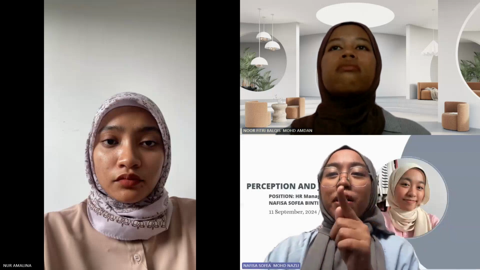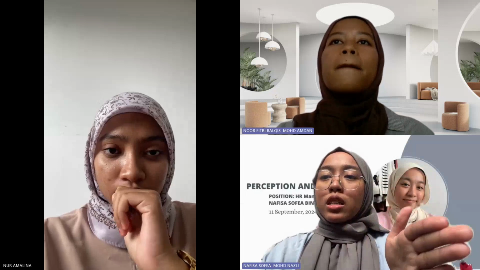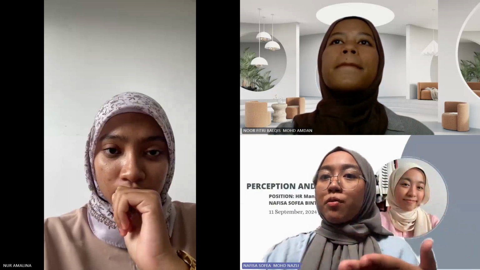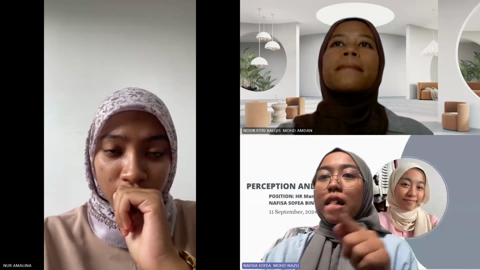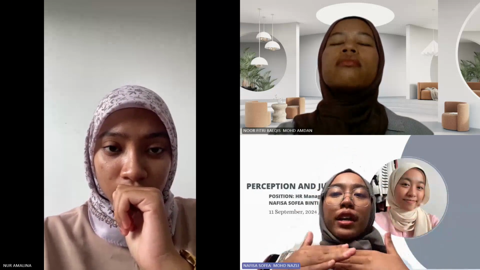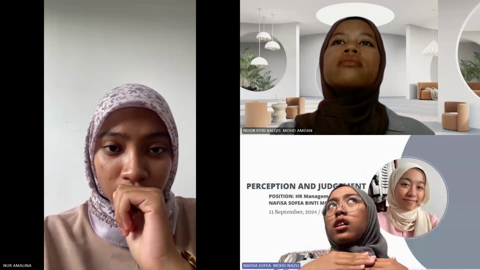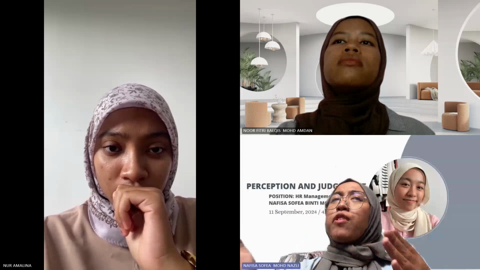Exactly, that's the contrast effect in action. It happens a lot in performance reviews or team assessments. We compare people without considering the individual context, which leads to unfair judgment.